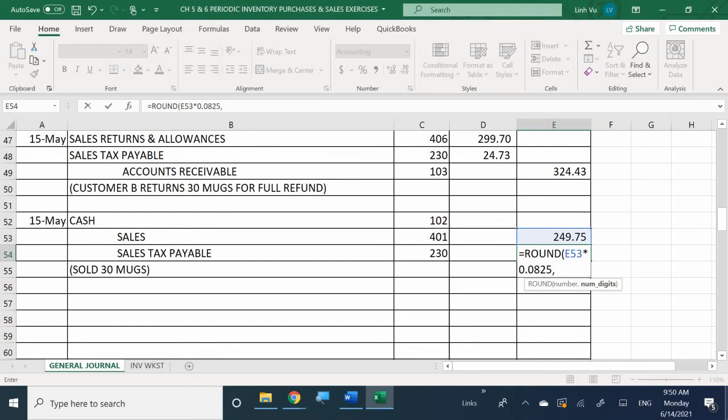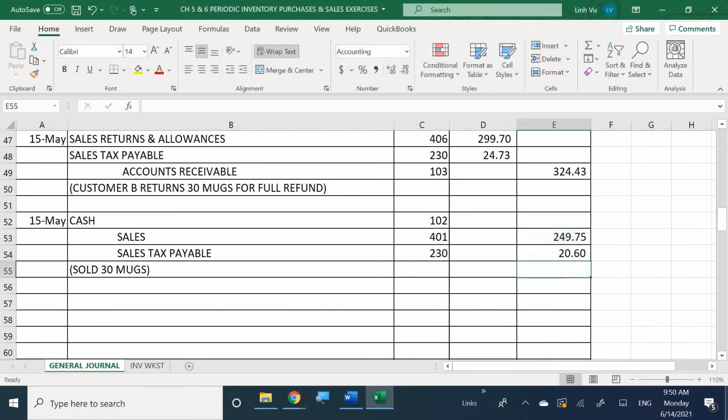All right, so how much sales tax am I going to be subject to be collecting? I got $20.60. Good, and grand total cash?